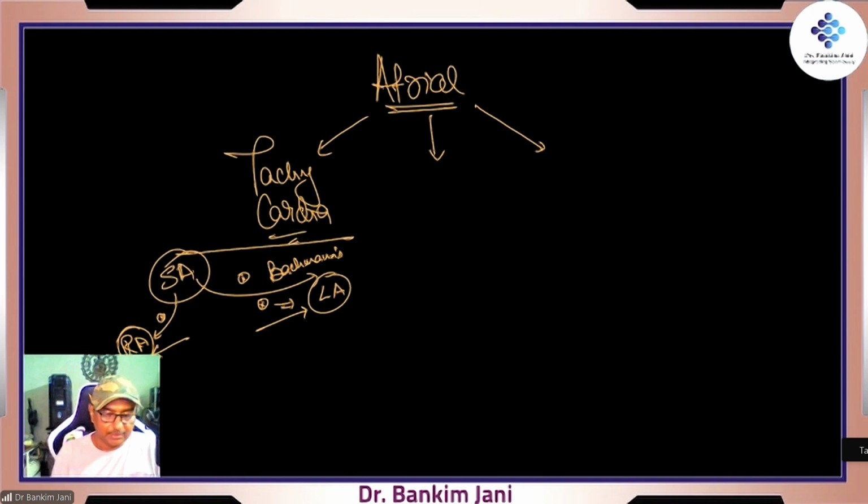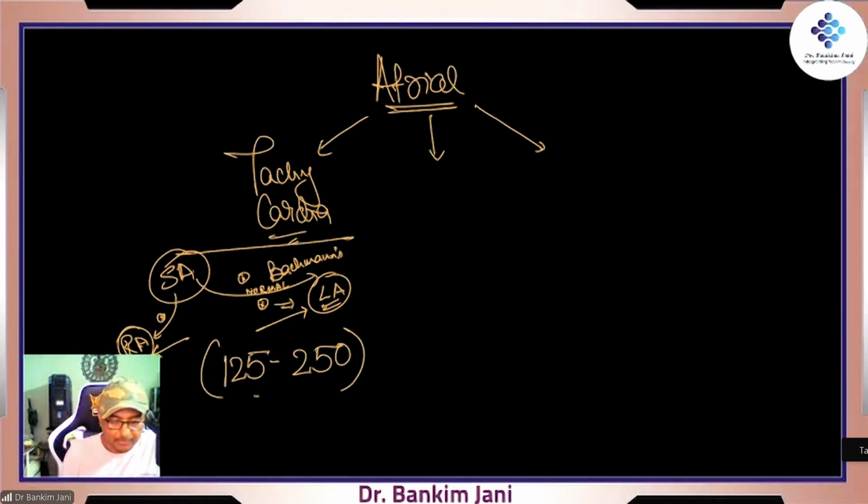The atria do not understand that this is not their normal path; they say anyone is coming and stimulating, so I need to contract. When the atrial rate is between 125 to 250, this is pretty high. Up to 125 is normal.